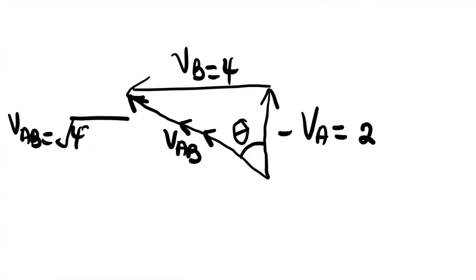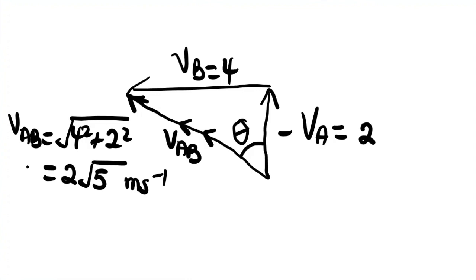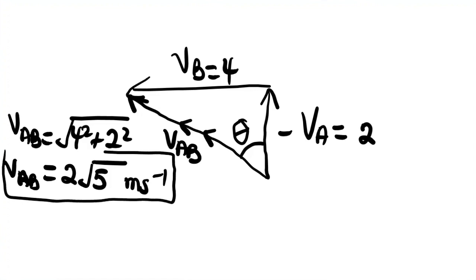When you do this, you are going to have the square root of 20, which is 2 root 5 meters per second. You can put it in the calculator and get the decimal value, stopping at 2 decimal places.